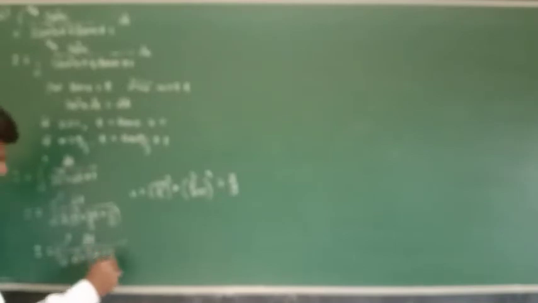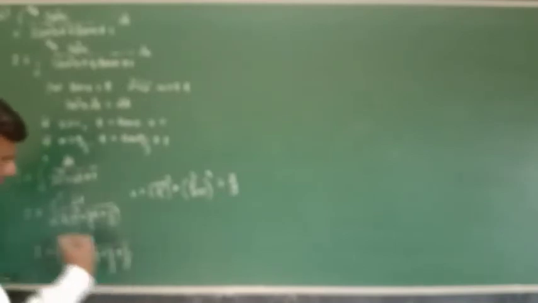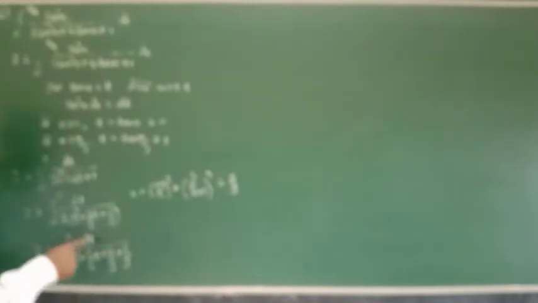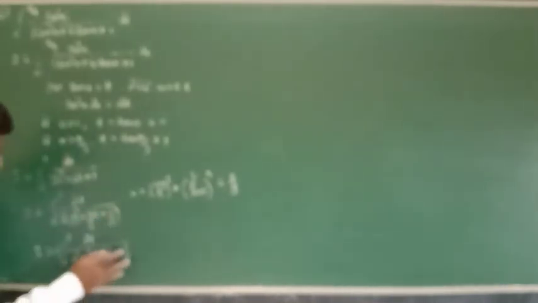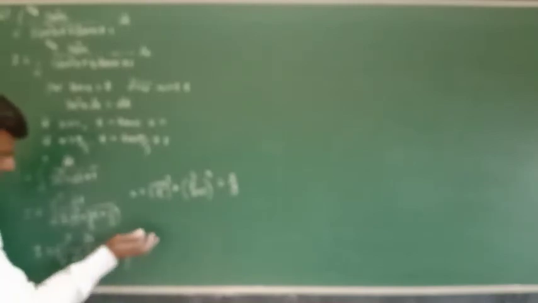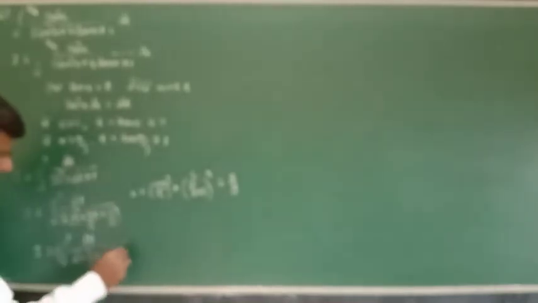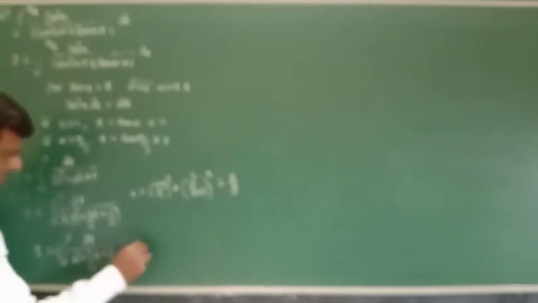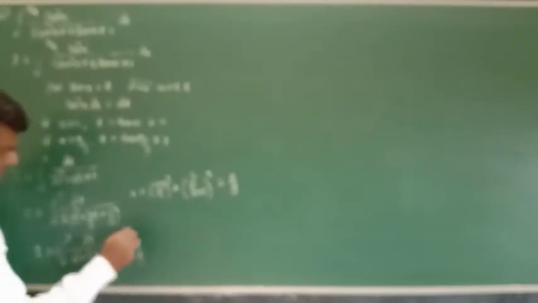So integral I is equal to 0 to 1 dt. 1 by 3 is a constant, taken outside. So dt upon t square plus 4 by 3t plus 4 by 9, plus 1 by 3 minus 4 by 9.